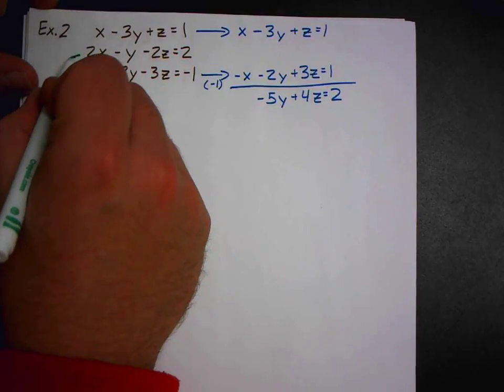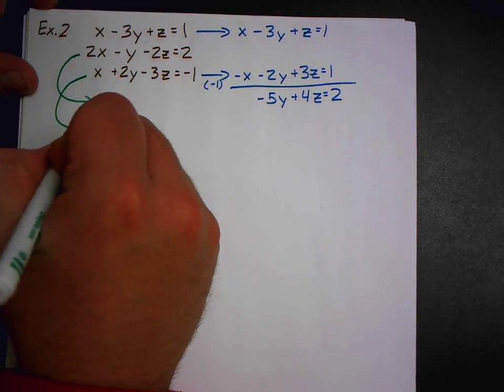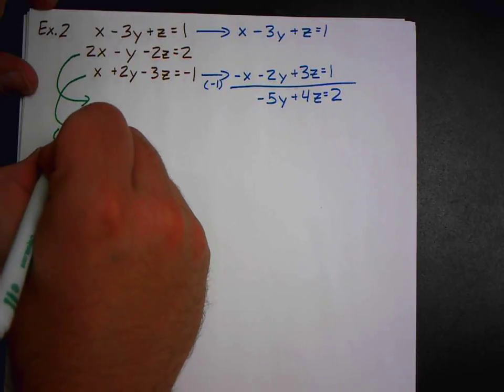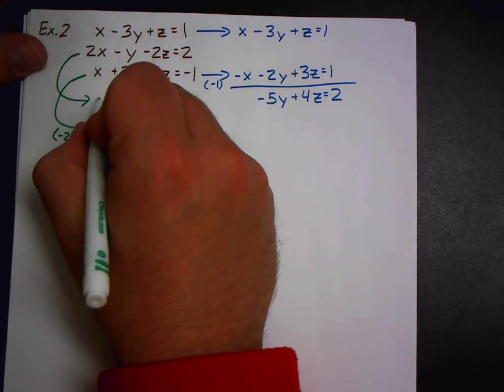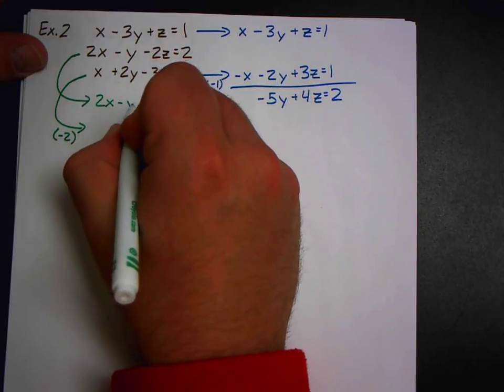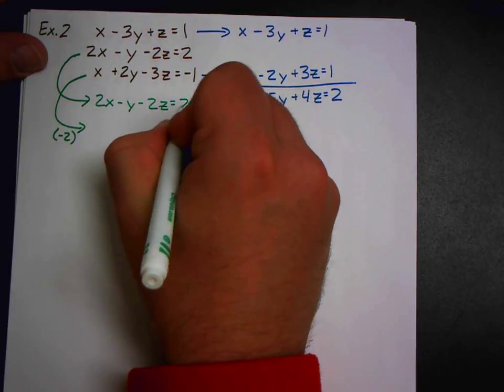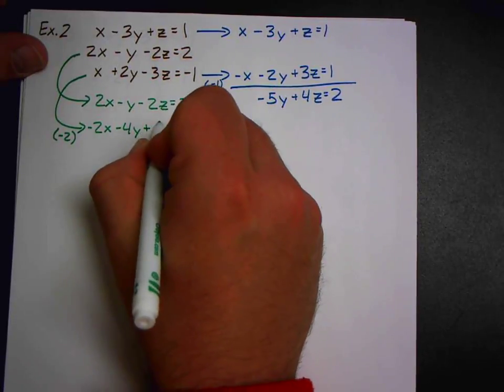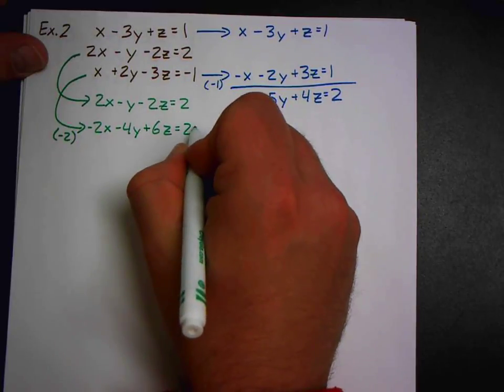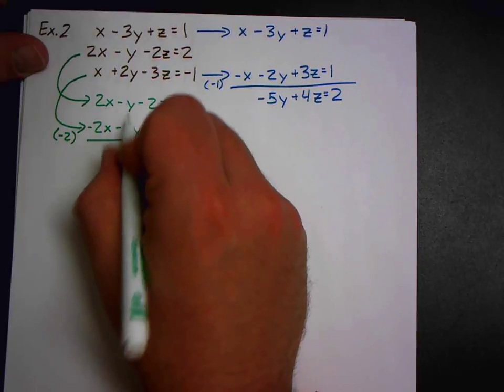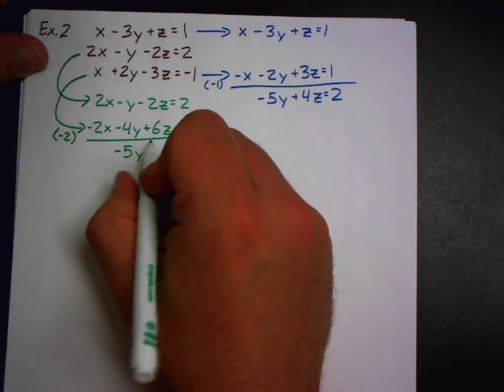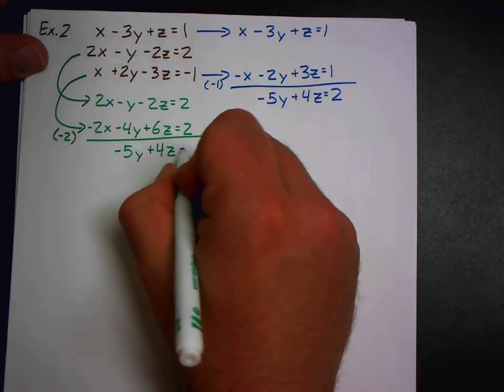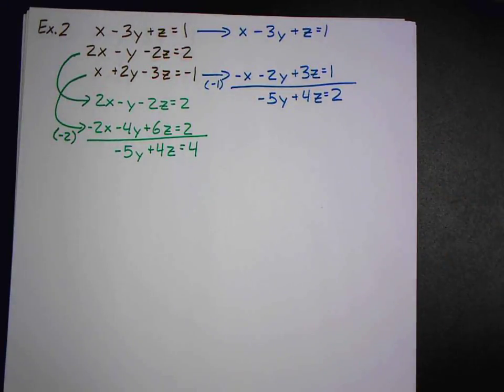Doesn't matter. Let me use these two. Okay. When I go to combine these, I just need to multiply one of them by -1 again, right?